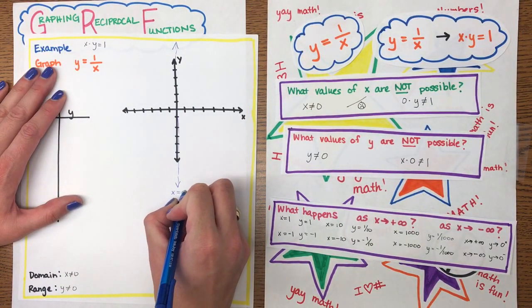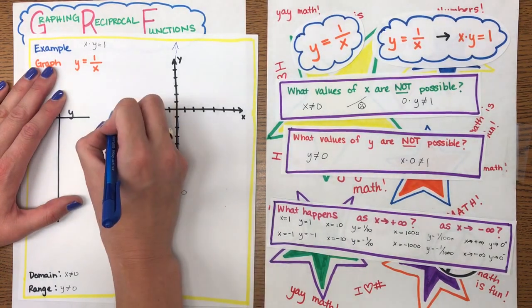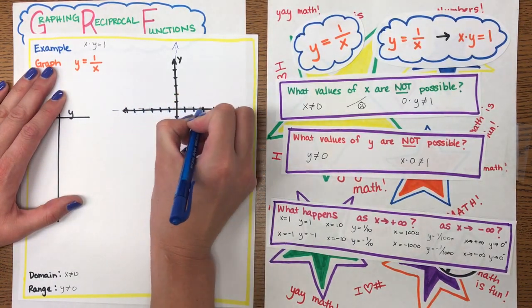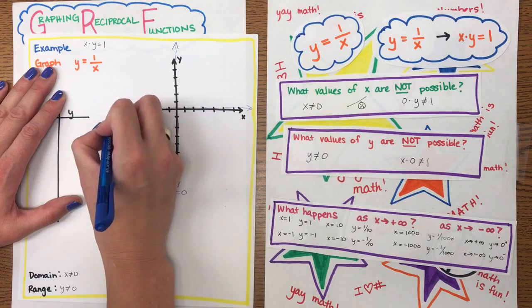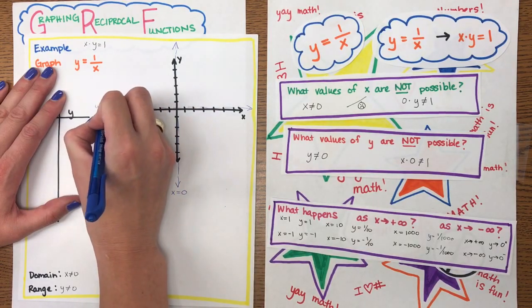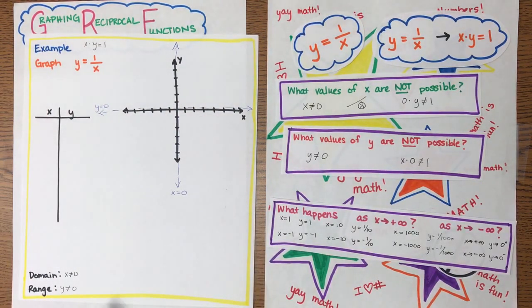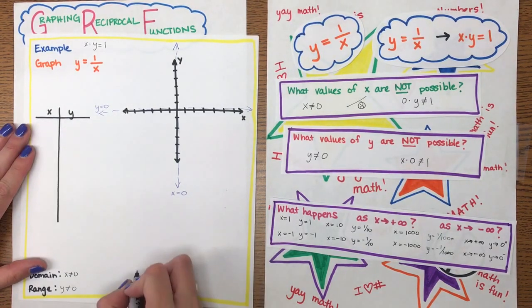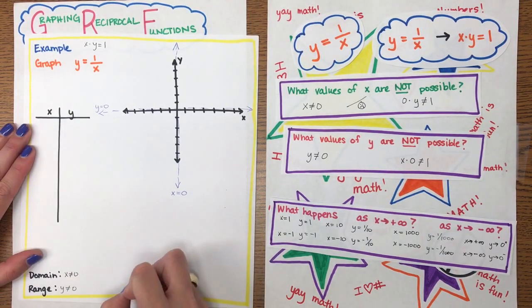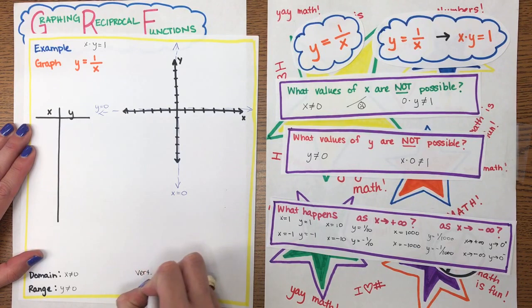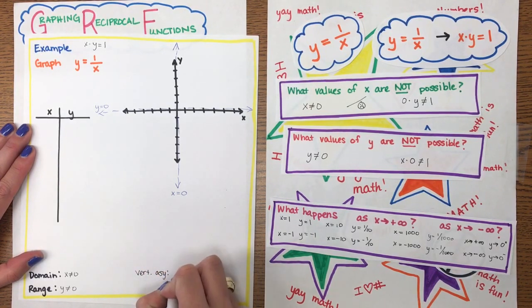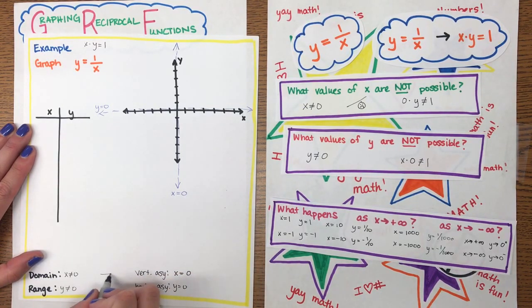So this is the line x is equal to 0, and this is the asymptote y is equal to 0. So we have a vertical asymptote at x is equal to 0 and a horizontal asymptote at y is equal to 0. And those came from my domain and range restrictions.